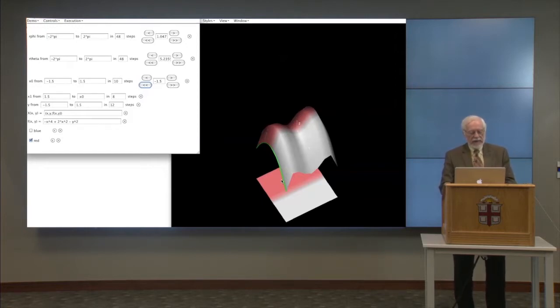But we can go the other way and slice in a different direction, slicing by letting y be fixed. And each time y is fixed, what we get is our familiar expression, minus x to the fourth plus 2x squared minus a constant. So it will just be the same object we've seen before moving up and down.